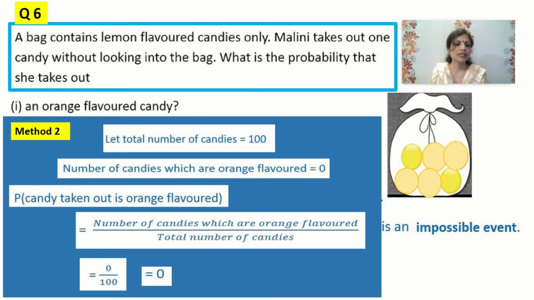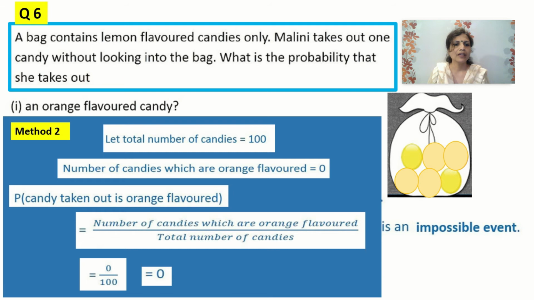So the probability that the candy taken out is orange flavored is equal to the number of candies which are orange flavored upon the total number of candies. Now the number of orange flavored candies is 0 and the total number of candies we have taken as 100, and 0 upon 100 is equal to 0. So with this method also you get the same answer.